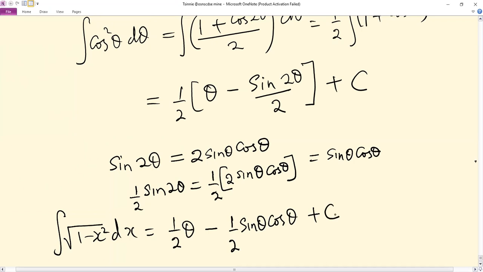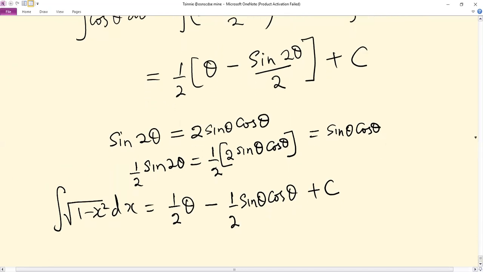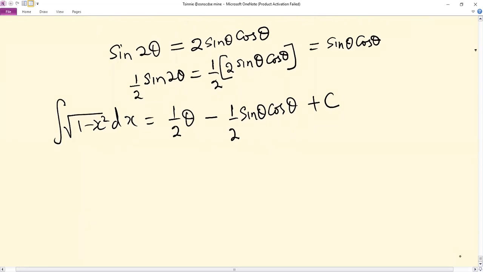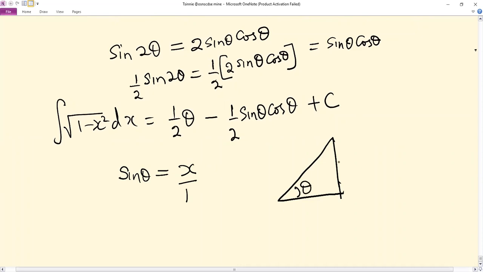But that's not the stopping point because theta is our own creation. So we have to replace back in terms of the x's that we had. To do that, we remember that we started with saying sine theta is equal to x. So this is the same as x over 1. Now if you draw a right angled triangle, if this is theta, sine is opposite over hypotenuse.